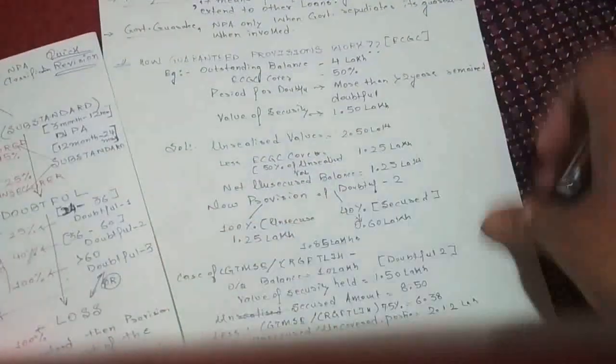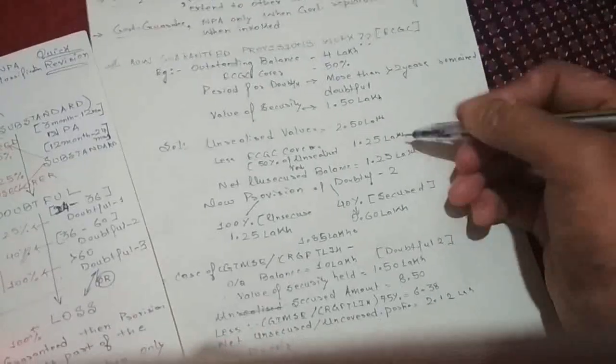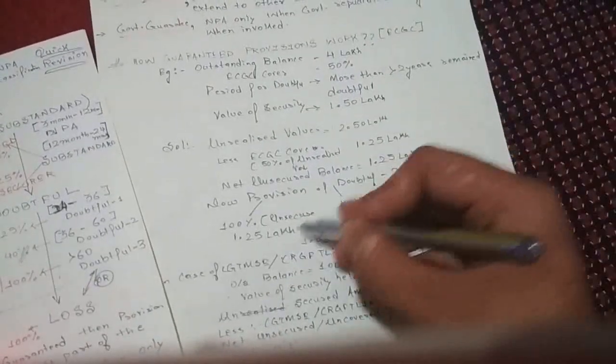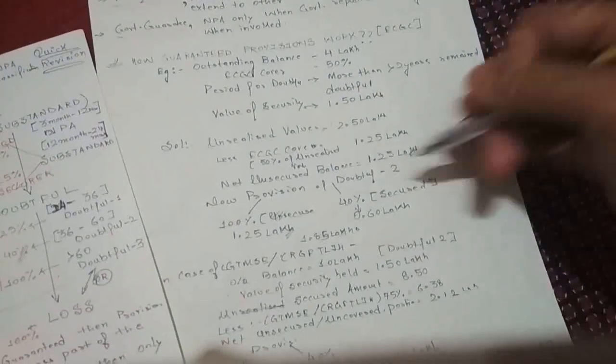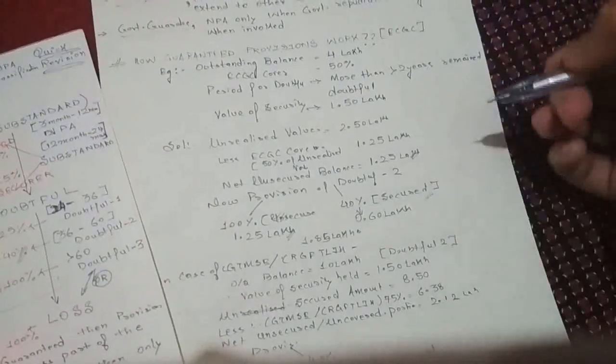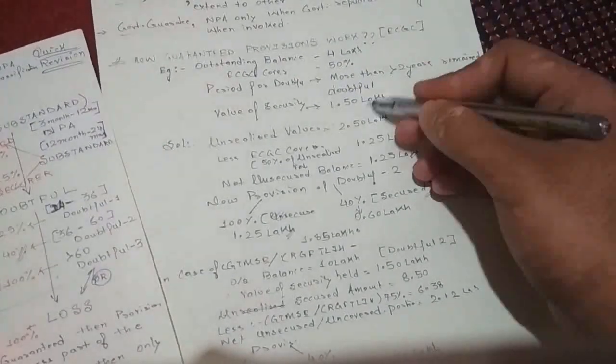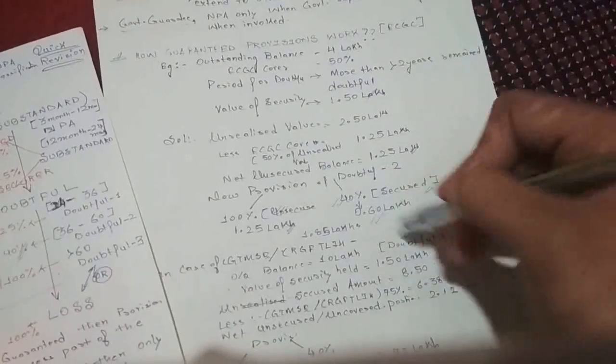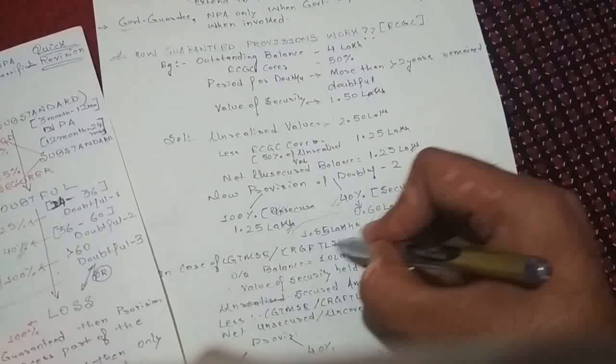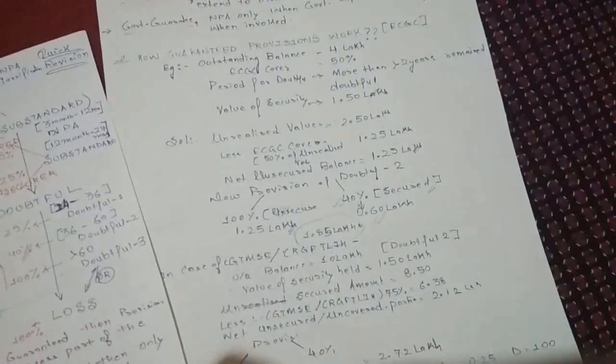Here in this case 1.25 is unsecured, so for 1.25 we are doing 100% provision, and for the secured amount, this 1.50, 40% we need to provision. So the total amount we need to provision is 1.85 lakh of rupees.